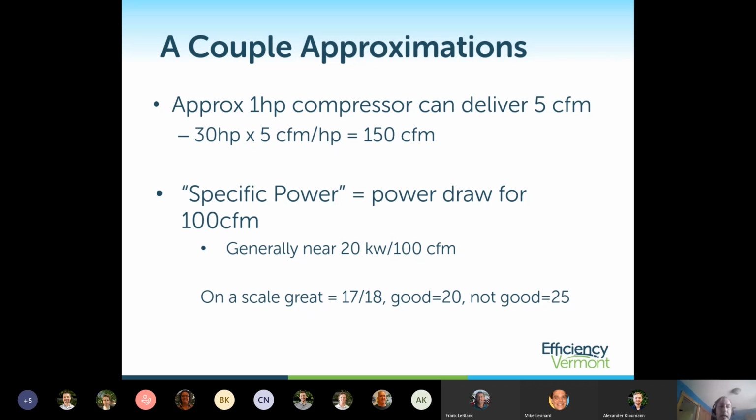Around 17 or 18 kW per 100 CFM is great. Good is about 20 kW per 100, and not that good is 25. If you meter the entire system, you can run into systems that are even worse than 25. But with those, there's definitely lots of room for improvement to get closer to the 20s and under 20.